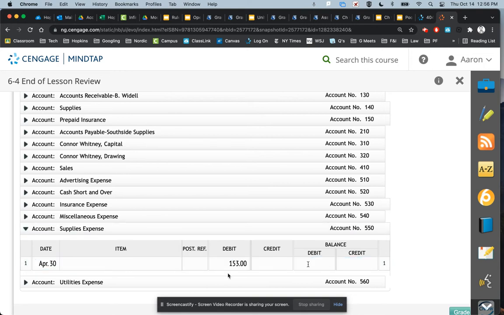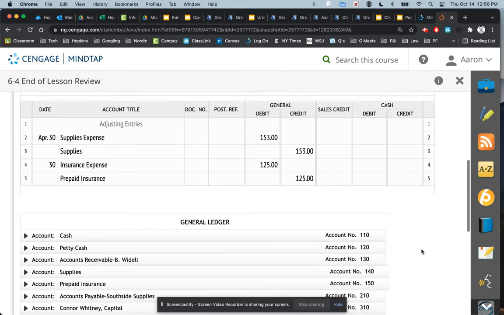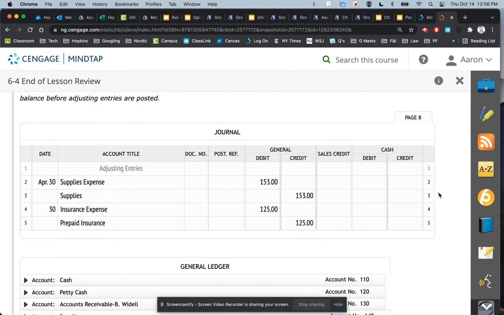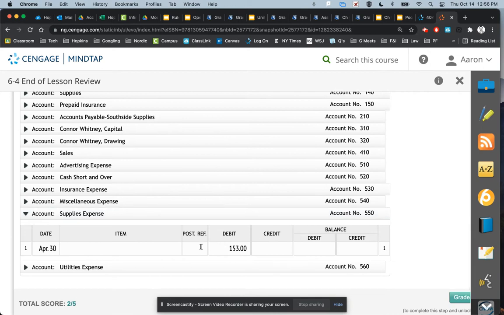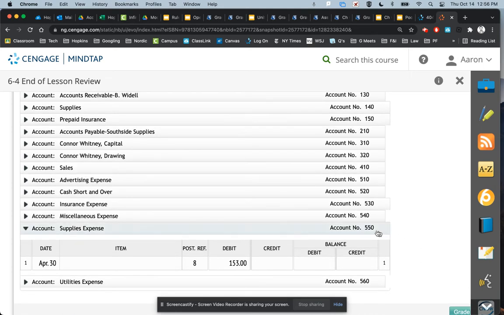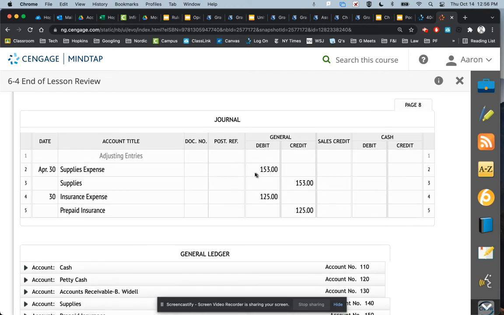The post reference is the journal page number, and this was journal page 8. And then the last step is to go back up to our journal and put our account number 550 to show that we did post this in the post reference.